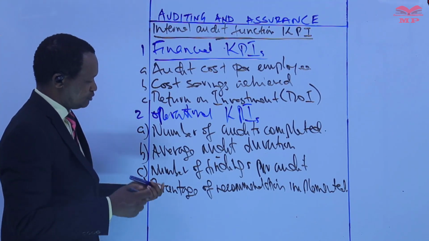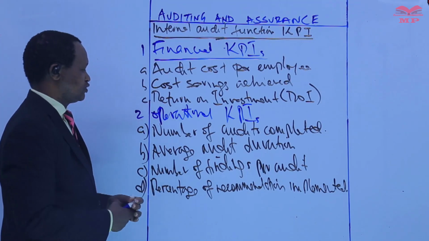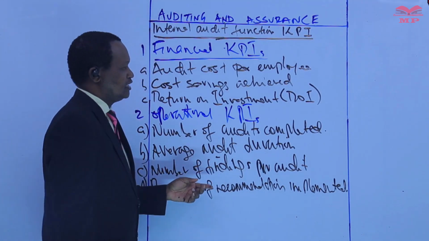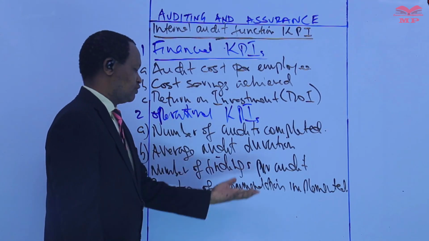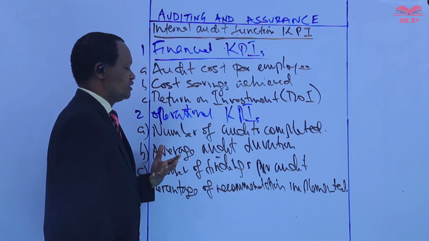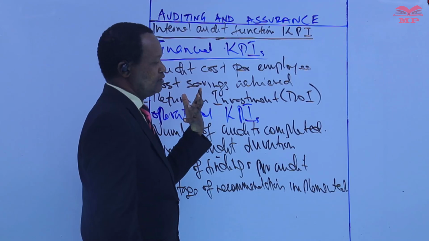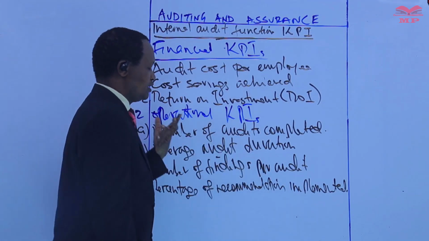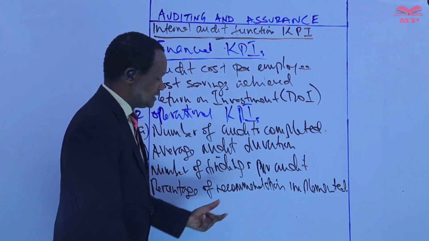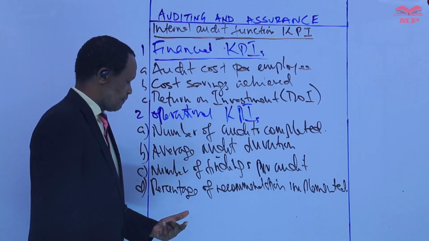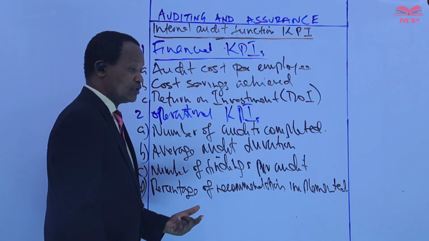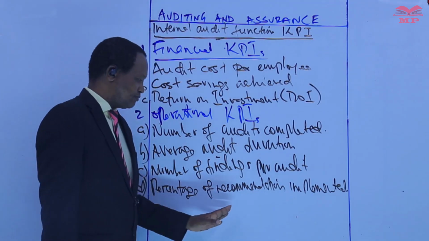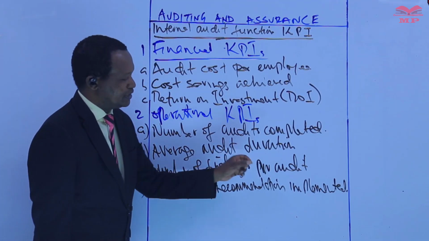Because it's possible for the internal audit function to identify weaknesses, identify areas of improvement, and even submit recommendations for improvement to the management for the purposes of implementing them. It's one thing to do that, but it's another thing for the management to take up the recommendations and implement them.